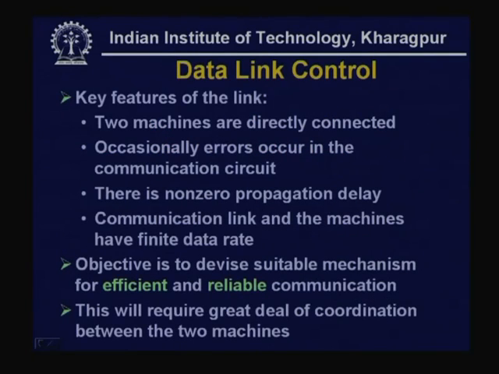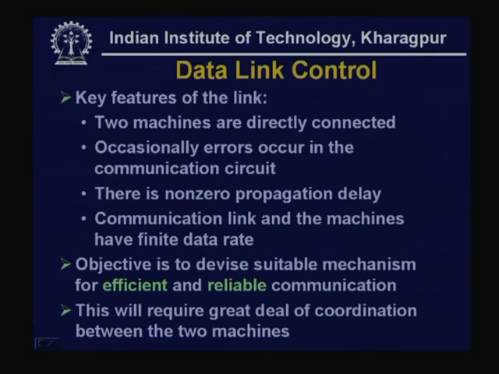Before we discuss the definition of data link control, let us look at the key features of the link that is being used for communication between two machines. First, we shall assume that two machines are directly connected. That means they are not connected through some intermediate node or other machine.